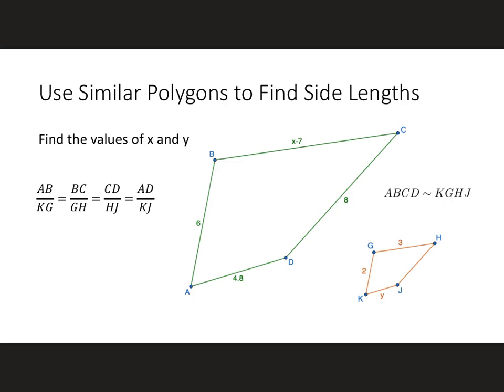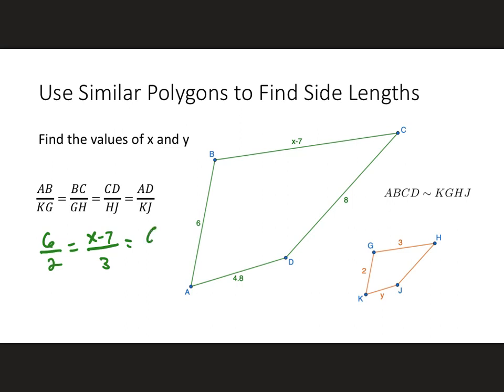Now we can substitute the side lengths in our proportionality statement with what we find inside the diagram. AB is 6, while KG is 2 in our diagram. BC has an expression for it, x minus 7. GH is 3.